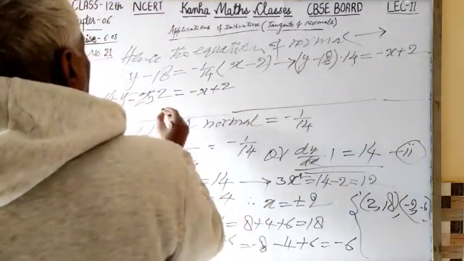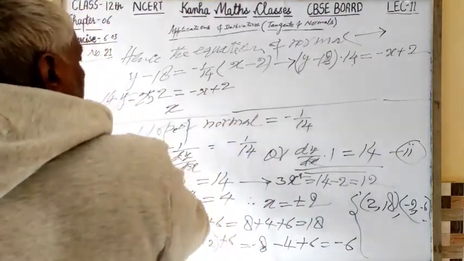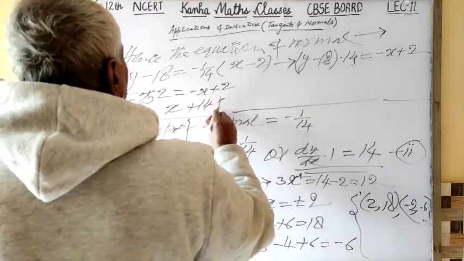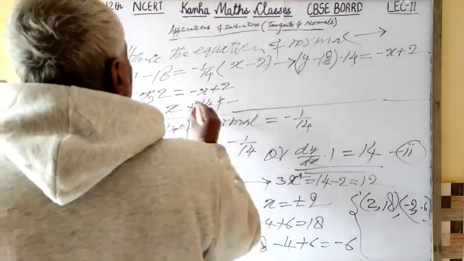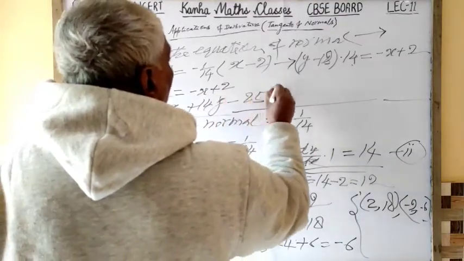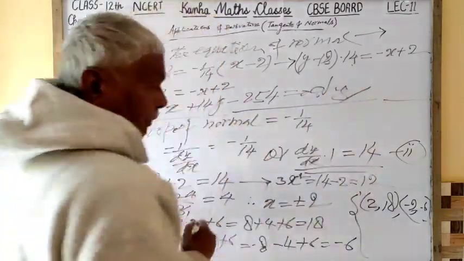Now by transferring the sides, x plus 14y minus 252, or minus 254, is equal to 0. This is the requisite equation of the normal.